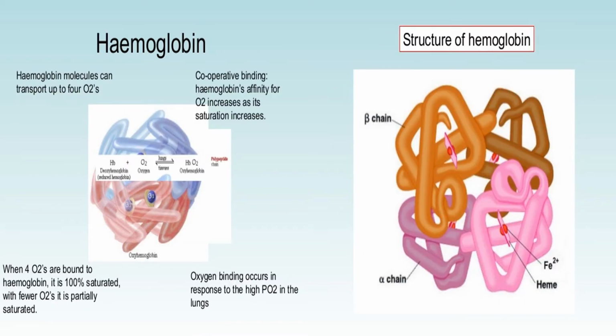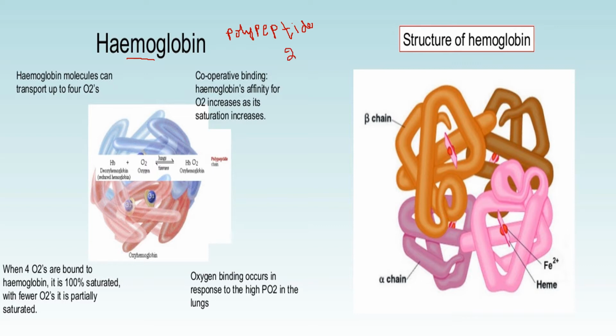So the hemoglobin is the pigment which plays a key role in the transportation of gases, oxygen and carbon dioxide. This hemoglobin is a polypeptide chain where it has 4 polypeptides. They are the 2 alpha and 2 beta chains, and they have the central iron molecule which is responsible for binding with oxygen.